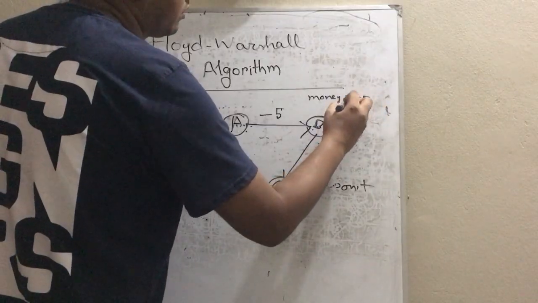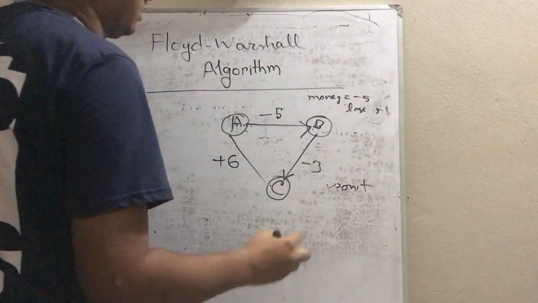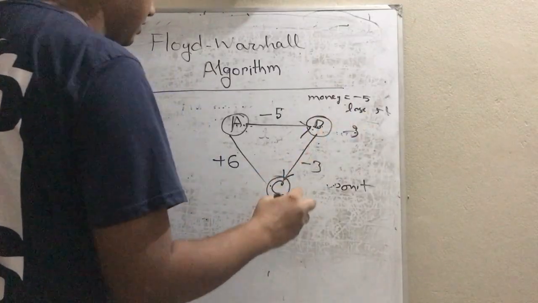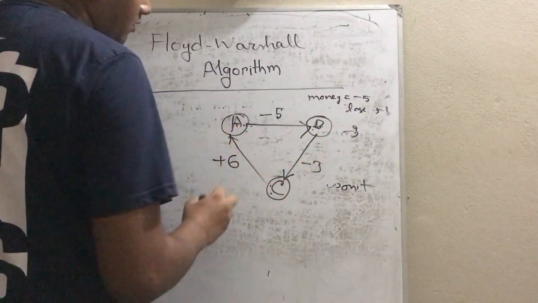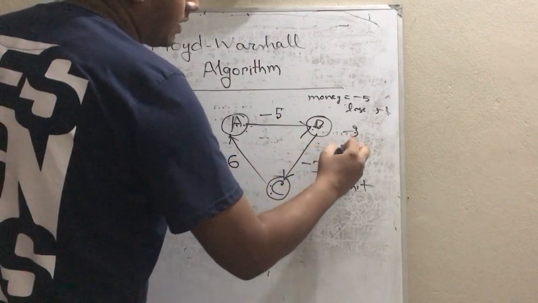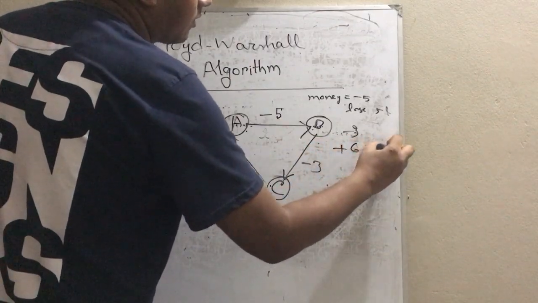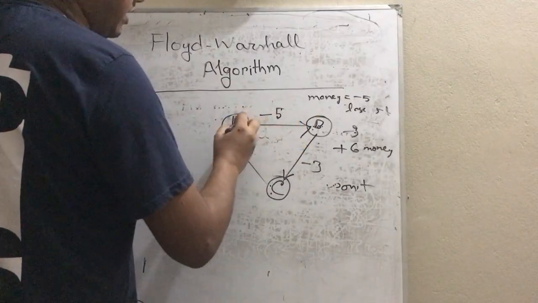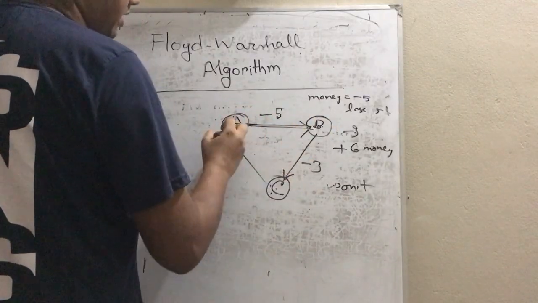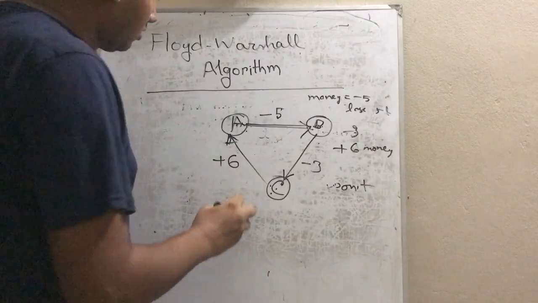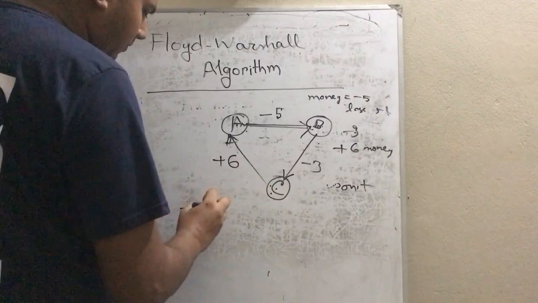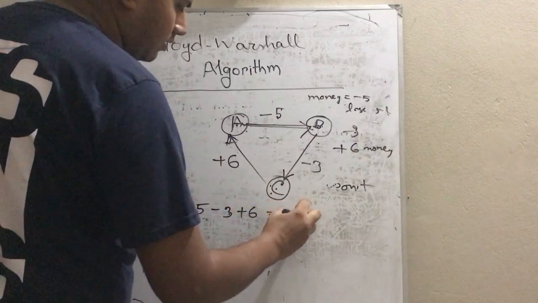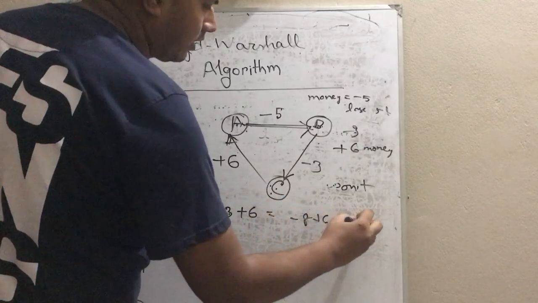From B to C we lose 3 money, so minus 3. From C to A we get plus 6 money. So traveling A to A via B, then C, then again A, what is the total cost? Minus 5 minus 3 plus 6. So minus 8 plus 6 equals minus 2.